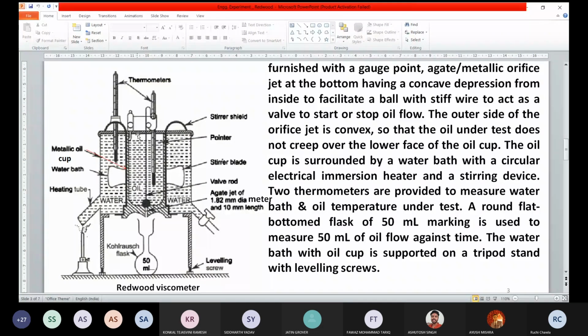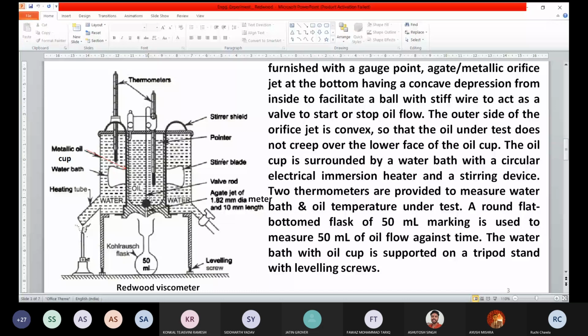So the cup in which the oil is filled is concave in shape at the bottom, and exactly in the center there is an orifice or a small opening through which the oil can flow when you lift this metallic ball. This will act as the valve which will decide when the oil is flowing from this oil cup into a flask that will be placed below this orifice.